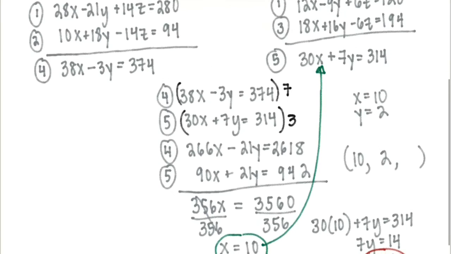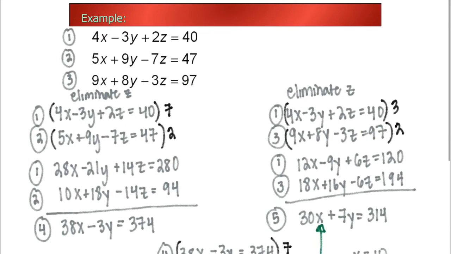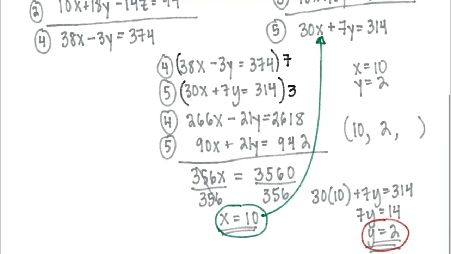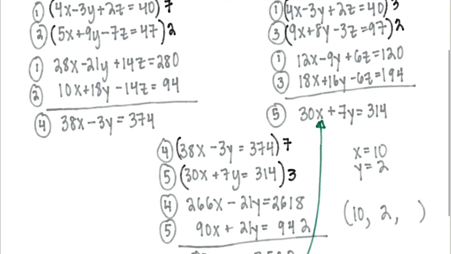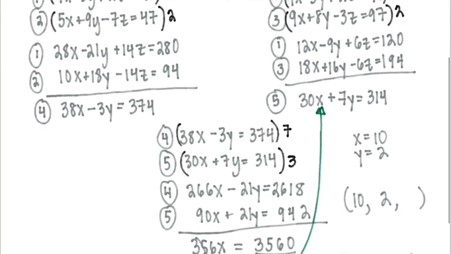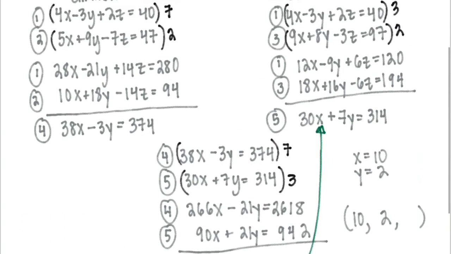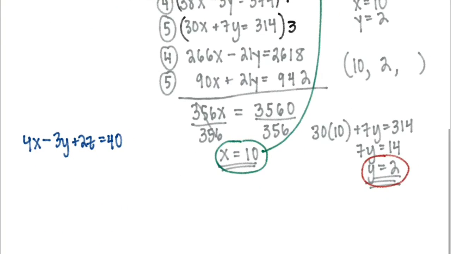Now we can plug that into one of the original equations. I really like number 1 because the numbers are smaller. I like that 40. It's going to make things easier to work with. So I am going to use number 1 again. So 4x minus 3y plus 2z equals 40. We're going to put that 10 in for x.